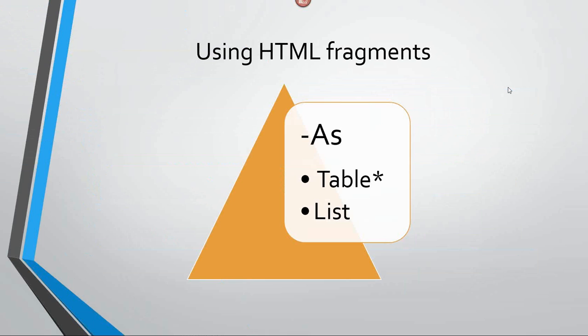So for the fragments we're going to create, ConvertTo-HTML has a parameter called -As. By default, it creates a fragment as a table, or you can do it as a list. Remember, ConvertTo-HTML does not create files, it just creates HTML text. We can save that to a variable and parse that possibly with simple string replacements.